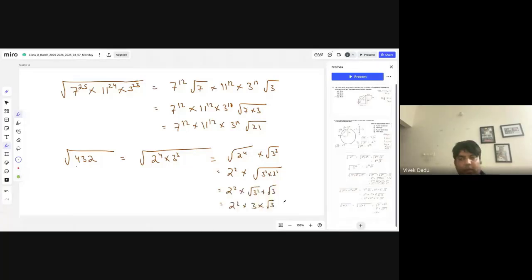Now, since these numbers are small, you can even write them. 2 square is 4. 4 into 3 is 12. So you can write it like this as well. When the powers were big, I didn't convert them into numbers, but here powers are small, so you can easily convert. Got it?